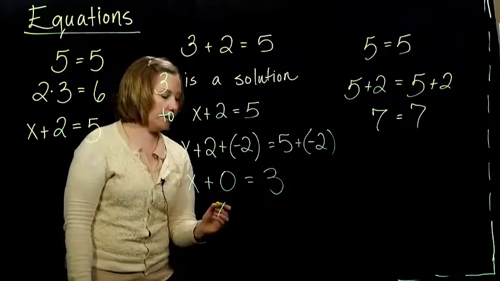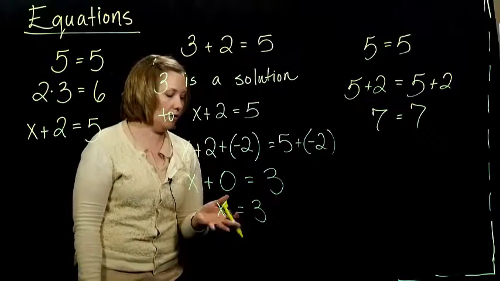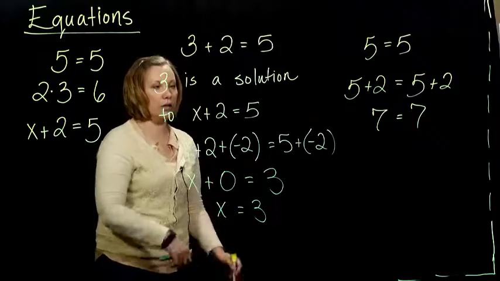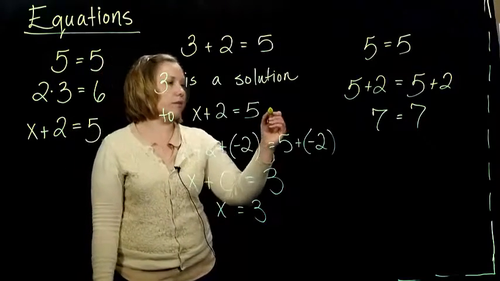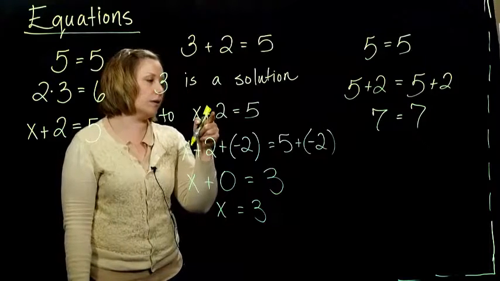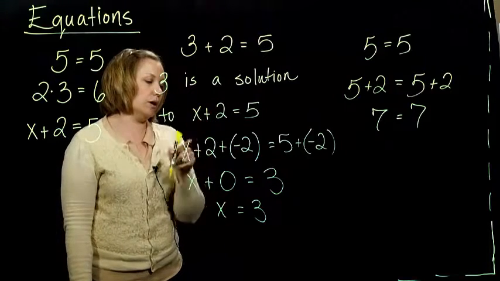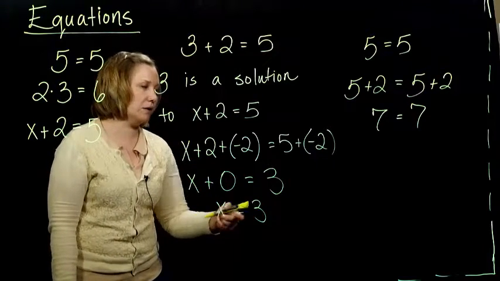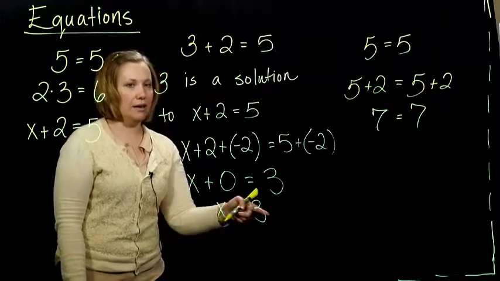But any number plus 0 is just itself. So I get x equals 3. Ta-da, there's my solution. So what we did, we wrote statements that are equivalent, or maintain their truth, to the previous one until we get the simplest statement we can, x equals 3.